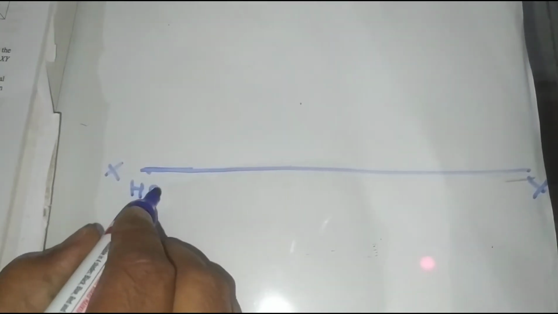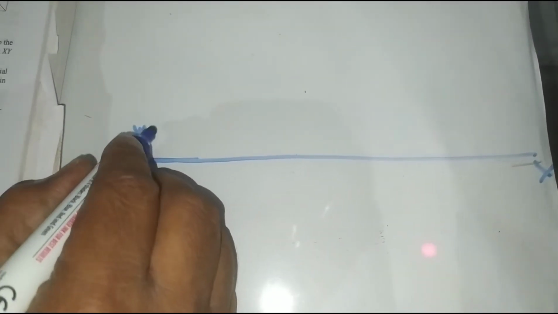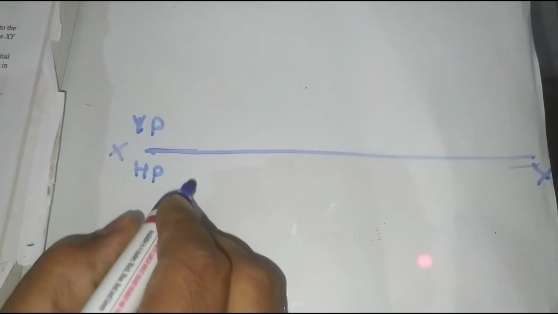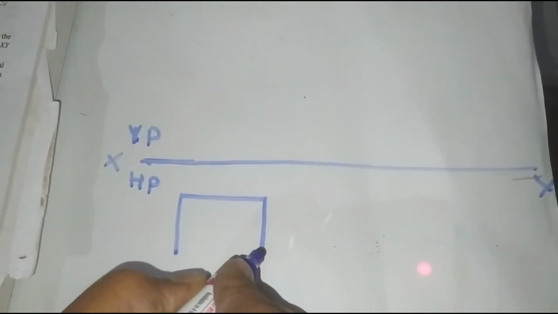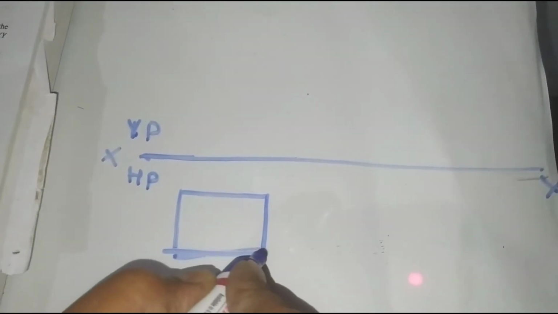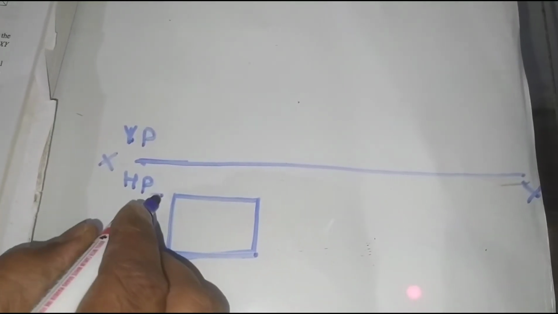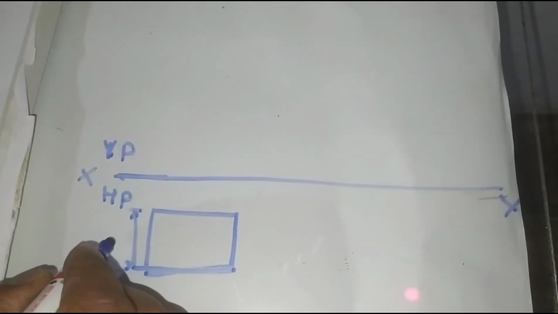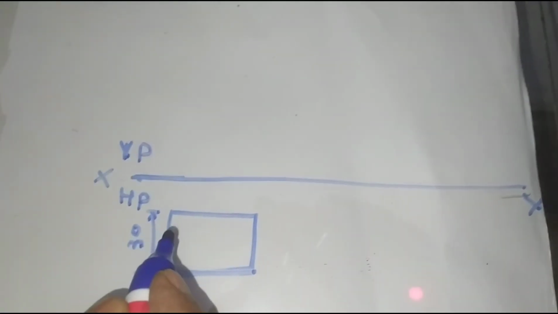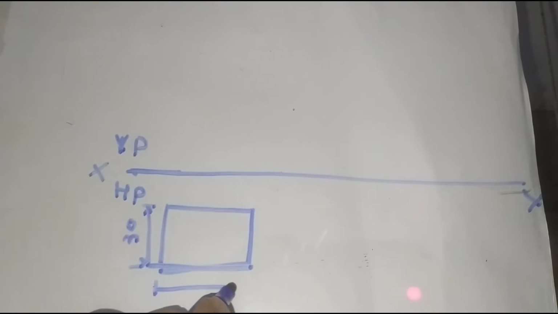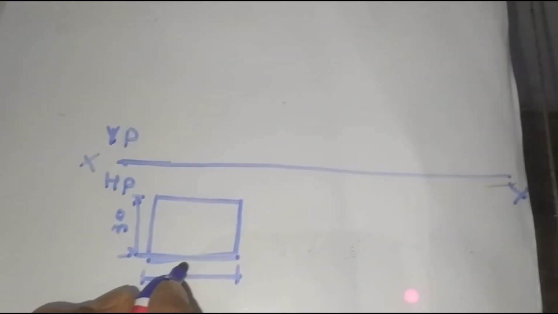This is the HP and this is the VP. So I will draw the rectangle. What is the length of the shortest edge? That is 30 mm, and this is 50 mm.